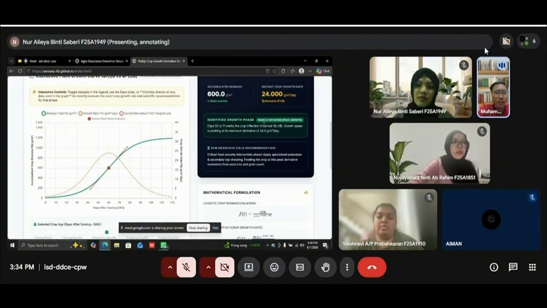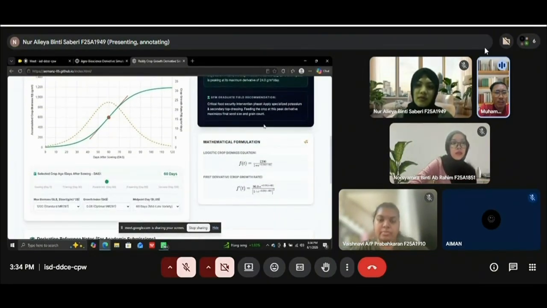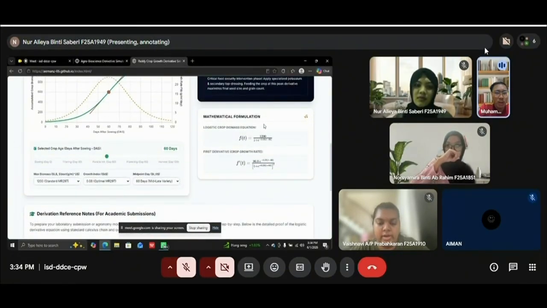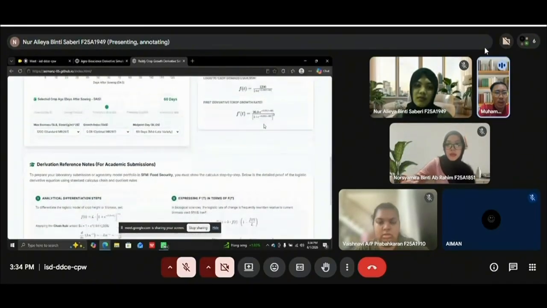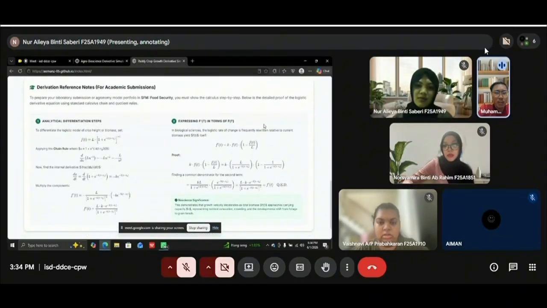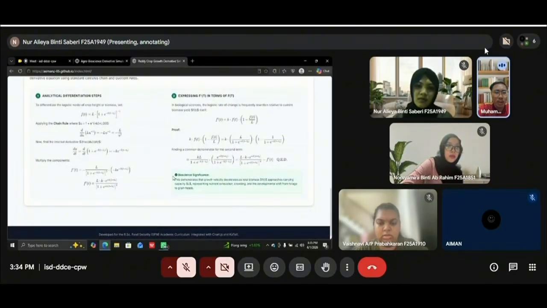The true physiological breakthrough comes when we compute the first derivative, which gives us the crop growth rate. The core challenge is pinpointing the exact inflection day where growth velocity peaks, so we know when the plant demands the most nutrients. This is critical because it boils down to national food security and resource efficiency.